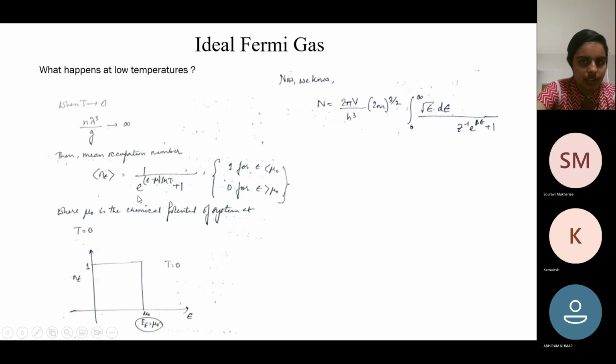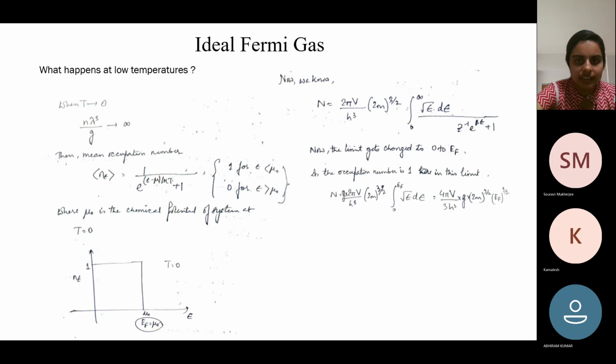What we saw is that the mean occupation number, given by this denominator here, goes to 0 for epsilon beyond mu naught. That means we can do an integration only from 0 to E_F, the Fermi energy. Only in that region is your mean occupation number non-zero, and that is 1. Beyond that it's 0, that means particles don't exist there. So the limit changes from 0 to E_F, and because the occupation number is 1, what you get is an expression like this.